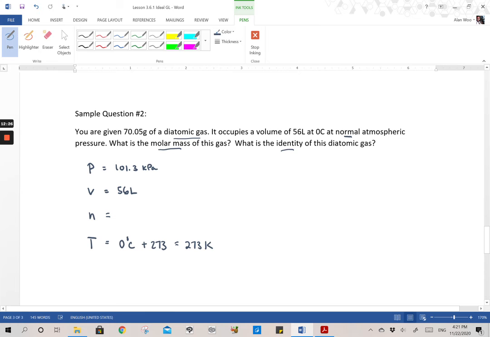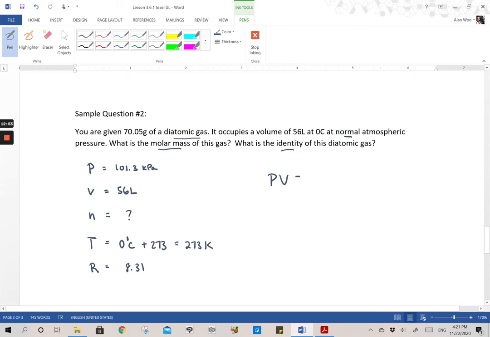That means I need to figure out what moles is. I have everything else, because remember, R is constant. It's 8.31. As long as my pressure is in kilopascals, my volume is in liters, and my temperature is in Kelvin, I can use this 8.31 to find moles.